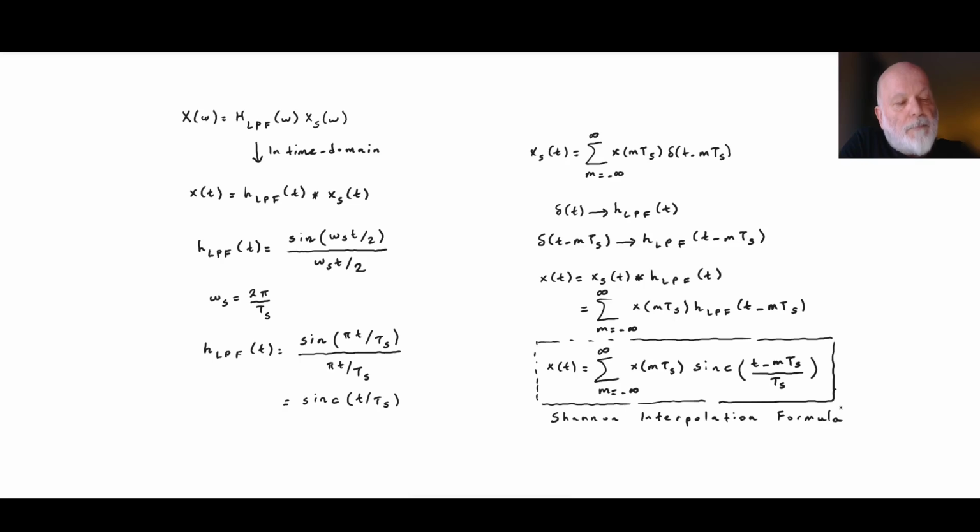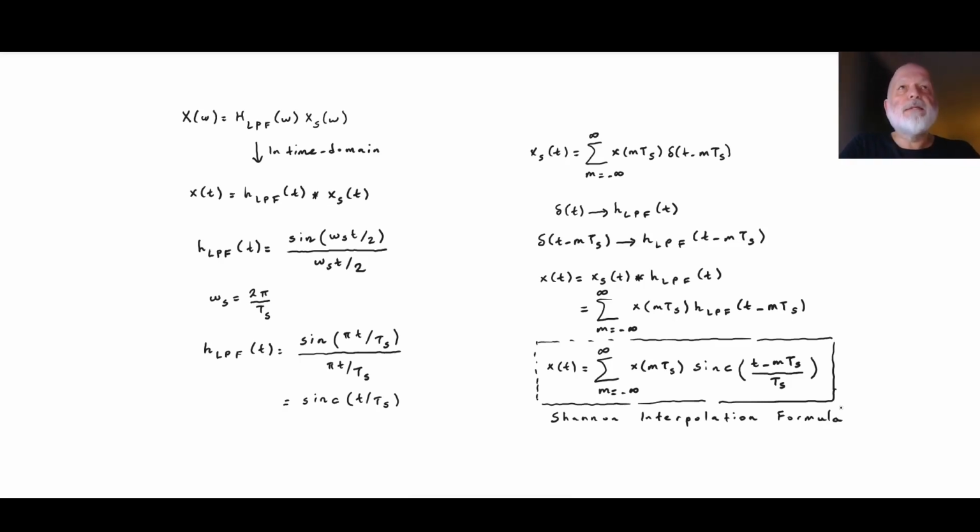But when we look at the expression, we clearly see that the band-limited signal x of t is in fact represented in terms of its samples. In other words, we reconstruct the signal by using its samples and by using this interpolation formula.